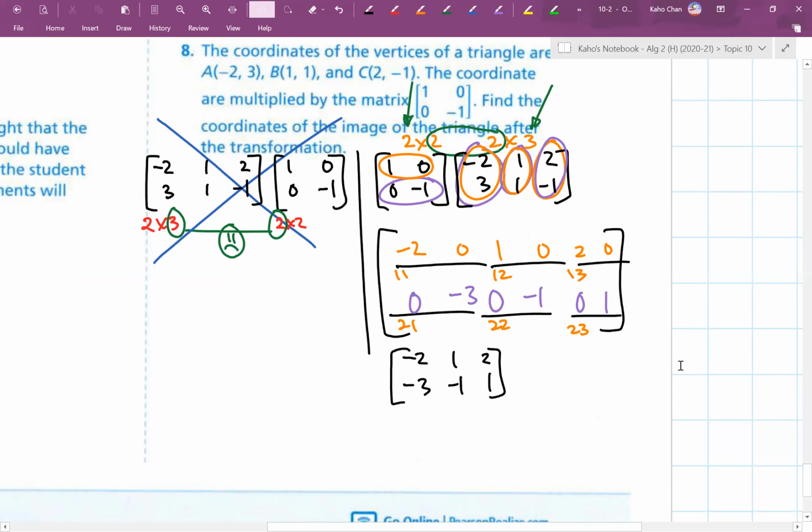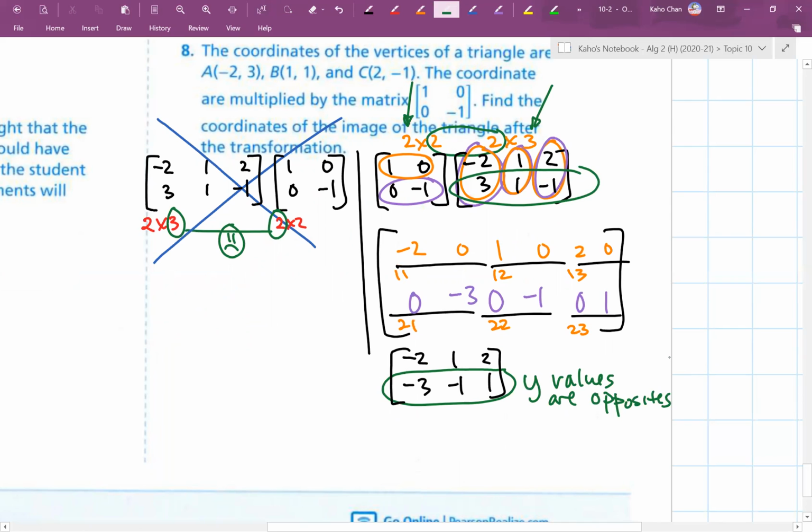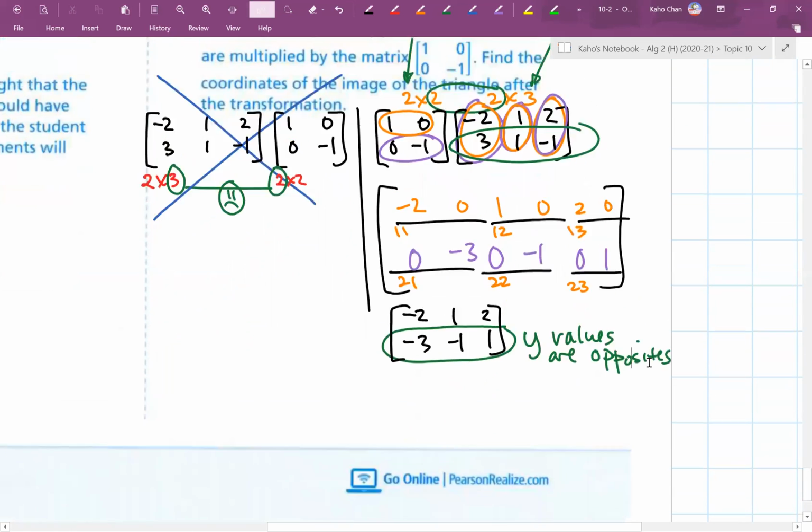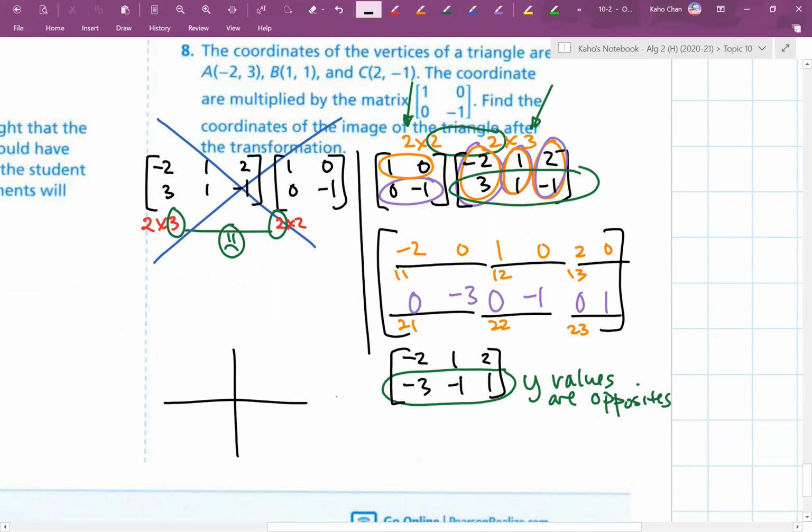You notice in row 3, all the y values are opposite of the original triangle. Interesting. All the y values are opposite. So if you think about a coordinate plane, what happens to a triangle?